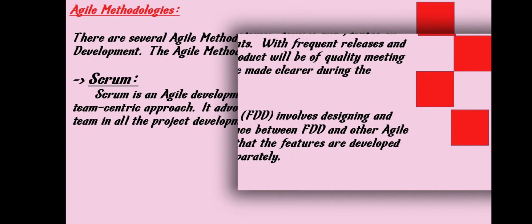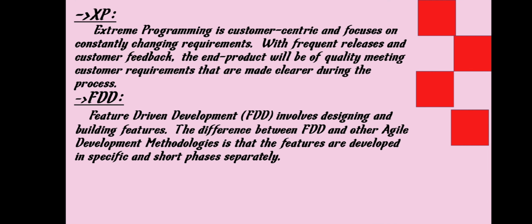Scrum is an Agile development method that emphasizes a team-centric approach. It advocates participation of the entire team in all the project development activities. XP programming is customer-centric and focuses on constantly changing requirements.